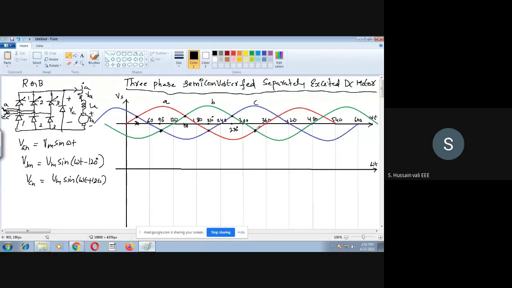Now this intersection, 330, and this intersection is 390. This intersection is 450, whereas this intersection is 510.